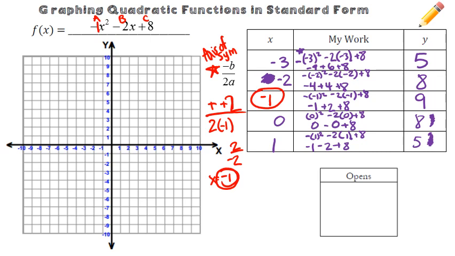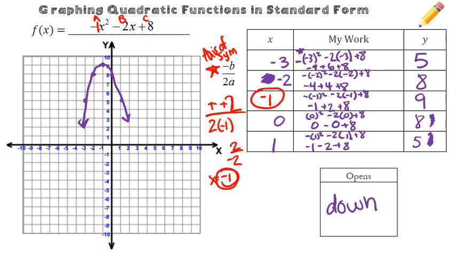Let's plot our points and see what it looks like. Negative 3, 5. Negative 2, 8. Negative 1, 9. 0, 8, 1, 5. So here we can see that if I draw my curve, I do end up with a downwards parabola.